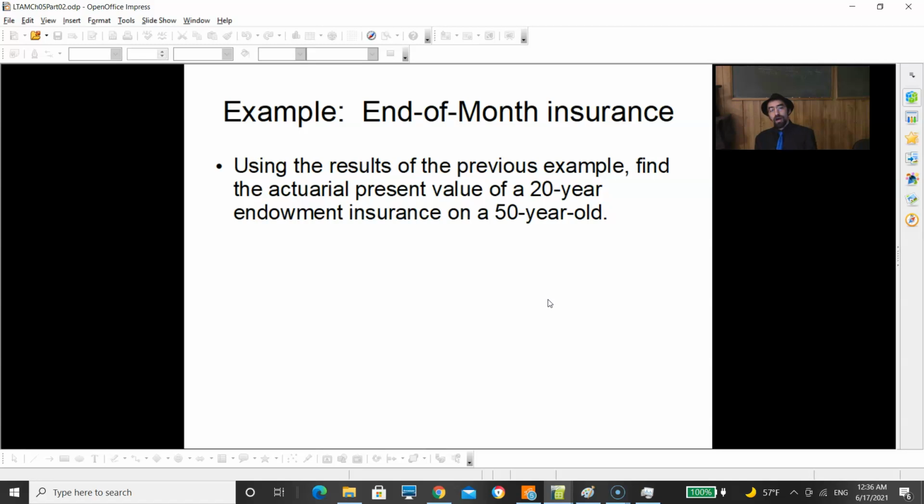Anyway. Next, suppose we had to deal with end-of-month insurance rather than end-of-month annuities.